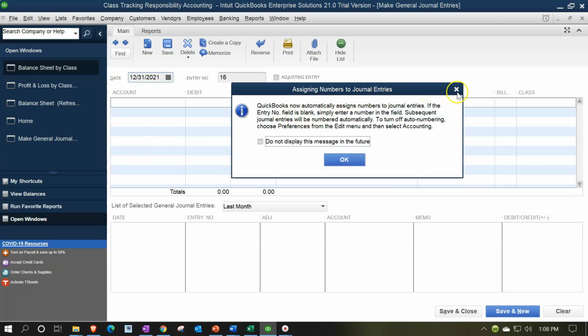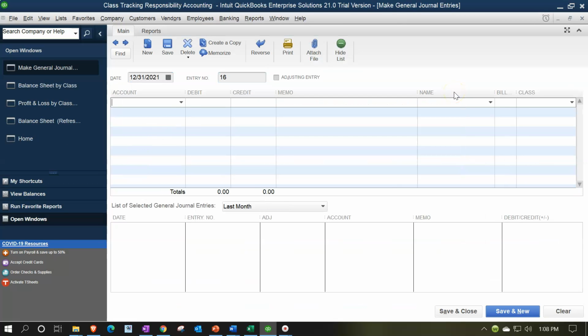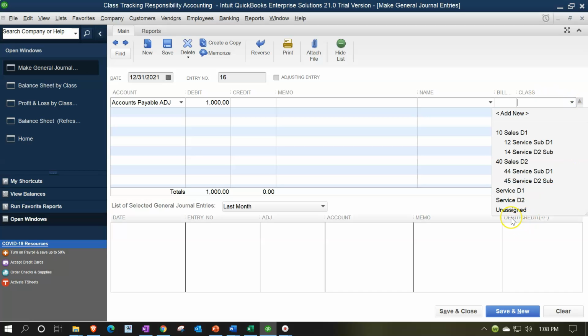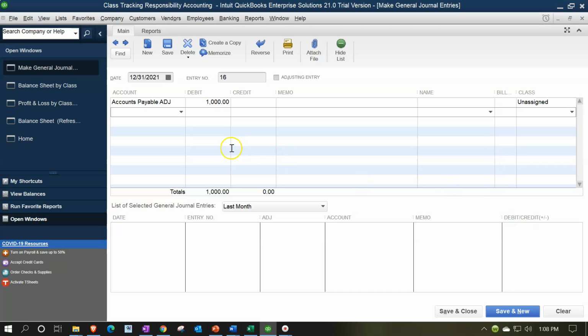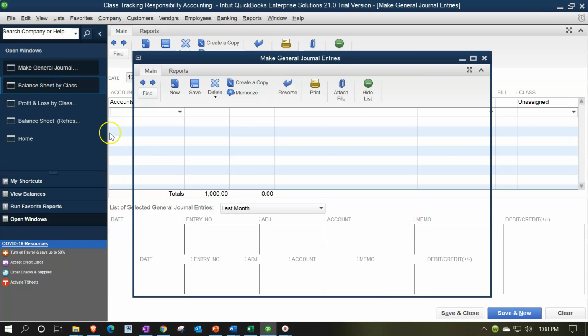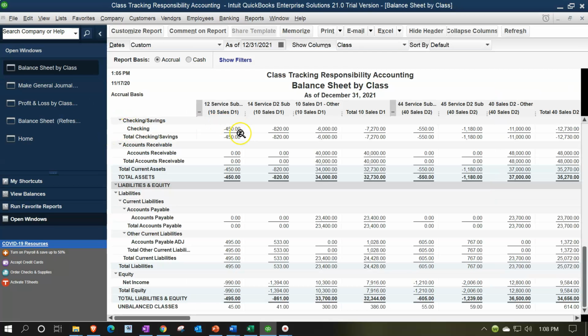And so this one's going to be for accounts payable again. So I'm going to say accounts payable, adjusting, and this is going to be a debit of the 1,000 that was in there. And this is going to be for the unclassified or unassigned. And then I'm just going to go into these as they are. So this is going to be the 12, 14, and the 10.